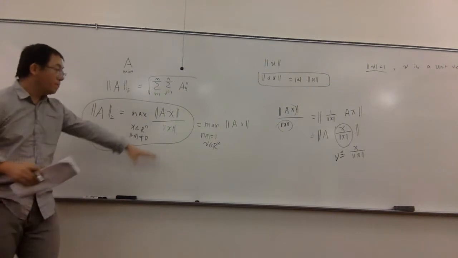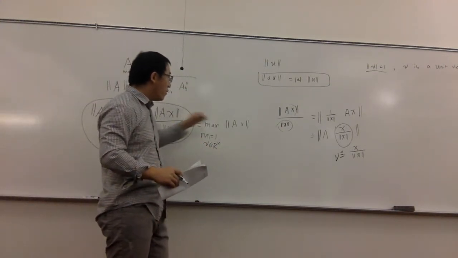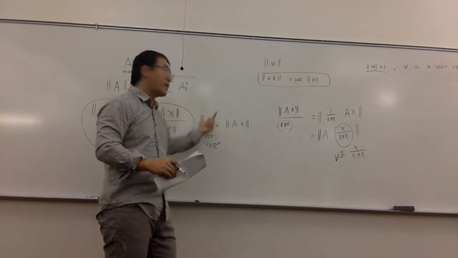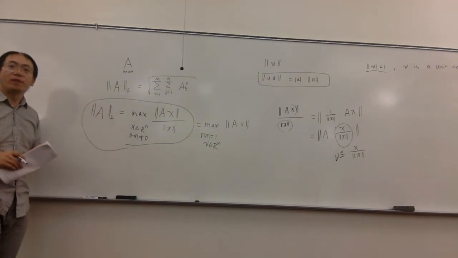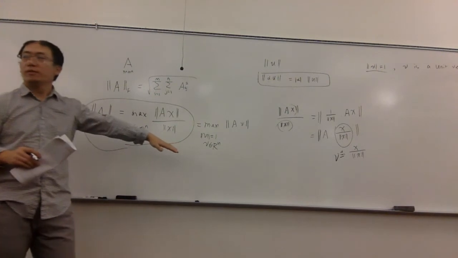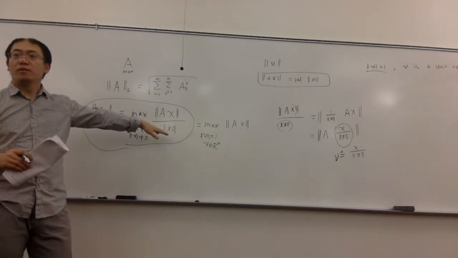And we find the maximum value of such a norm and return it as the spectral norm of A. This is kind of a reparameterization. Any questions at this point?